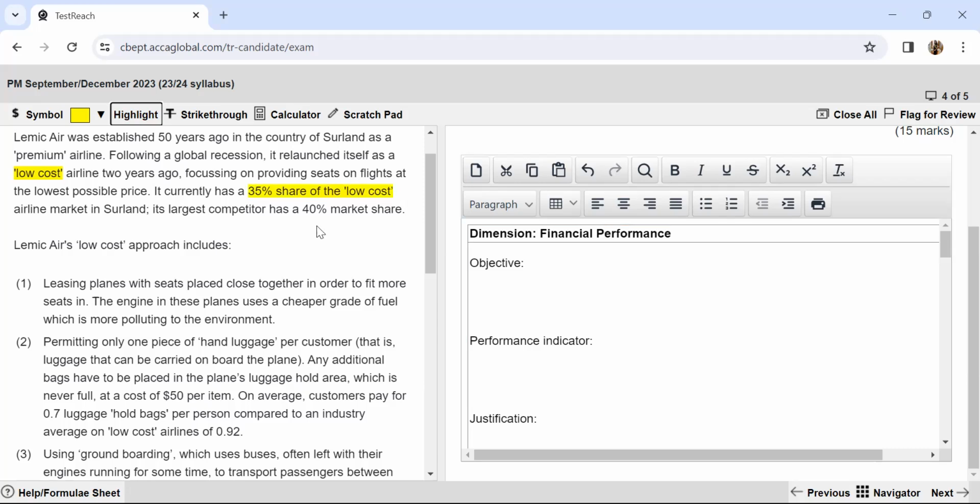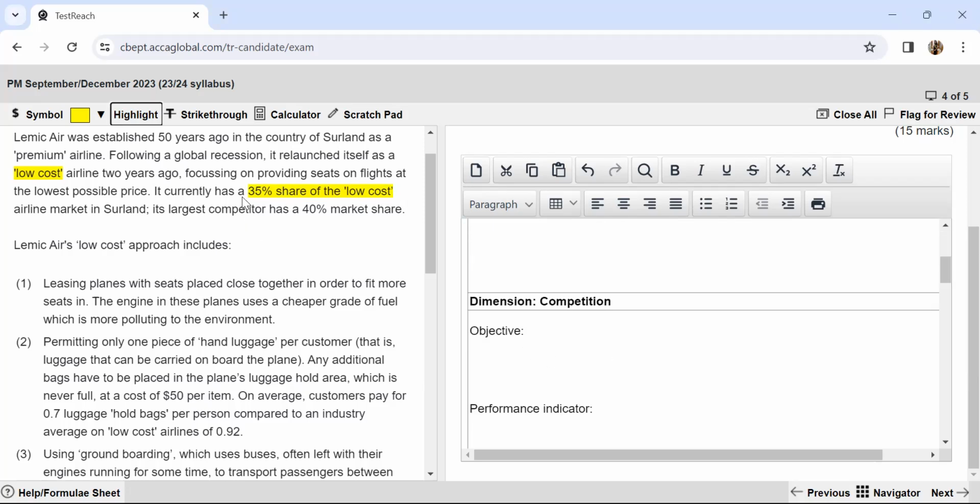Its largest competitor has a 40% market share. So I remember seeing something about the competition. When there is a dimension on competition, we can use this information: that we currently only have 35% of the market share and 40% is held by our largest competitor.